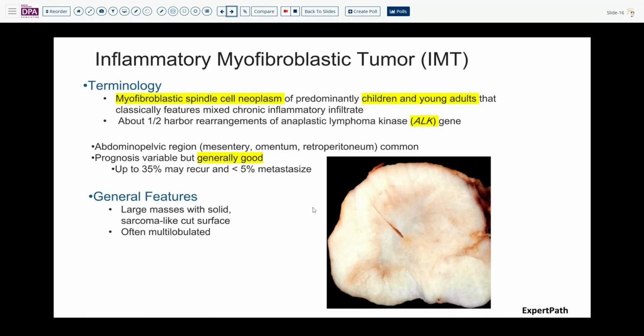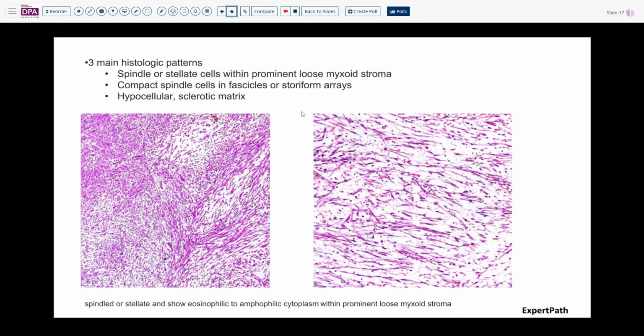And then the gross picture, just like what we can see in the cutting surface of a sarcoma, so they call it sarcoma-like. So there's just this whitish fibrotic cutting surface. They usually have this multi-lobulated looking. And for the histology feature, from the name, we already know this inflammatory, so we should see inflammatory cells.